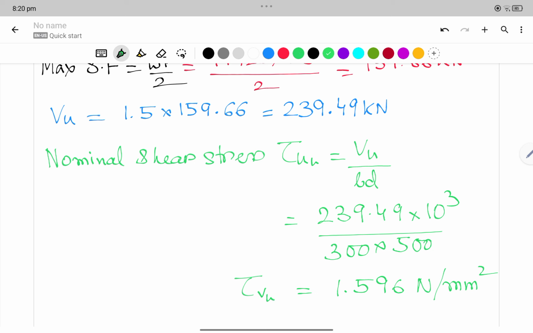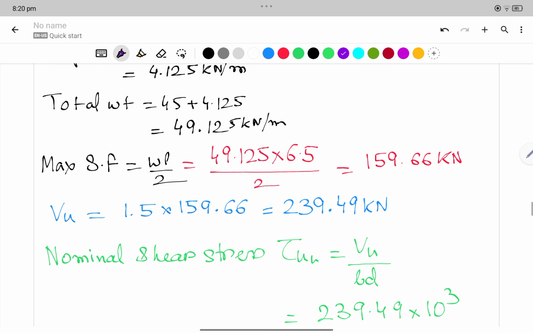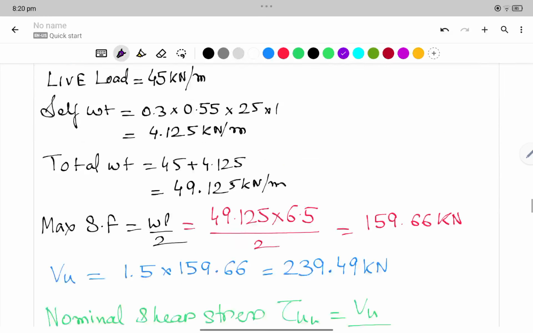Now we have to check the tau c max, the maximum shear stress, which depends on the grade of the concrete. Here the grade of concrete is given as M20.